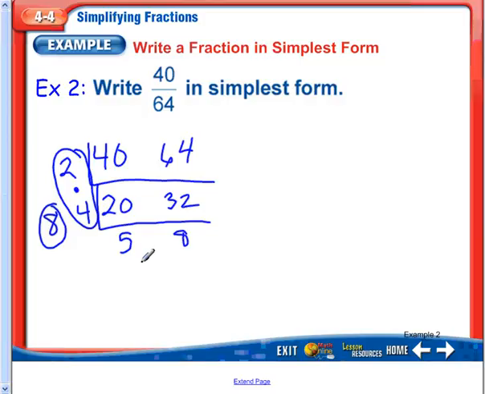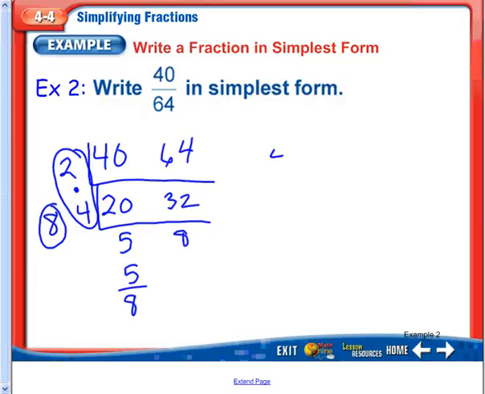Now, again, when you look at the bottom of the L bracket, your 5 and 8 are right there for you. 5 is the numerator because 40 was on top, and 8 is the denominator because 64 was on the right. So my simplest form of 40/64 is 5/8.